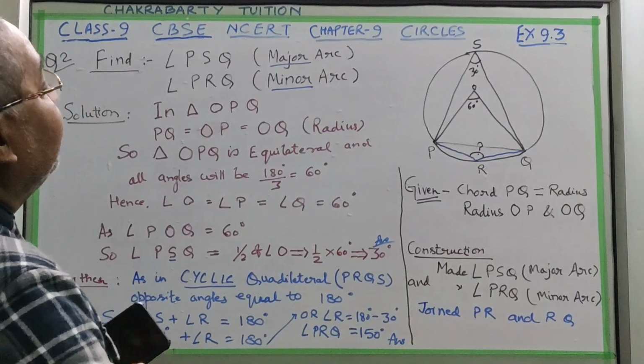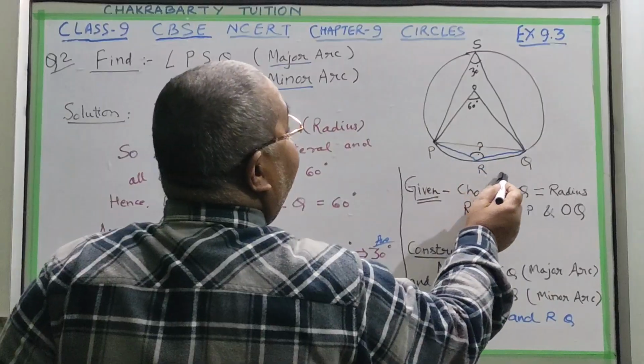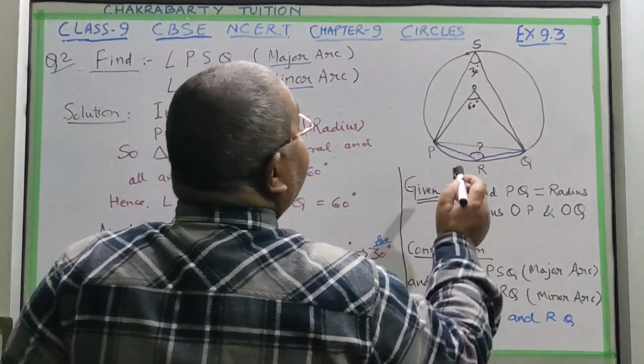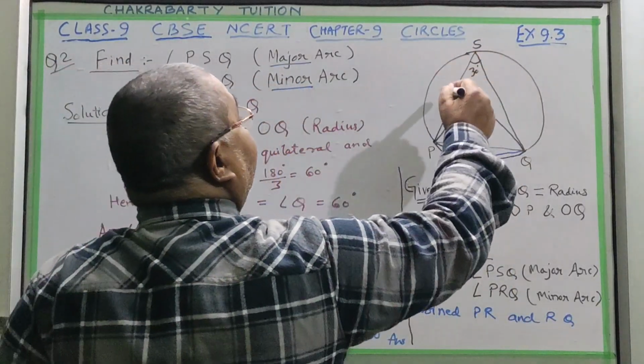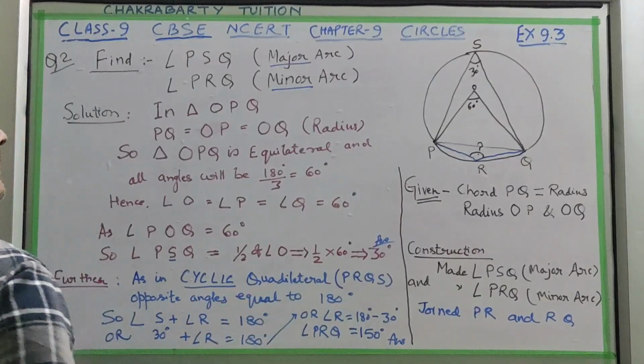Now we have made a quadrilateral also. PRQS is one quadrilateral. If the four points of a quadrilateral touch the circle, it is known as a cyclic quadrilateral.